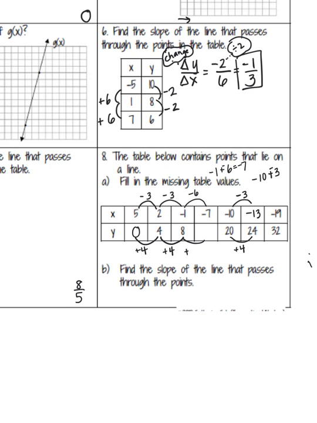So it's like they're skipping things in the table. So down here, they're skipping in the table too. They're going +8, because up here they went -6. So this is going to be 16. And then my table now makes sense, because to get from 16 to 20, it's +4.